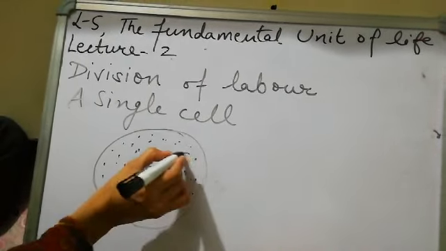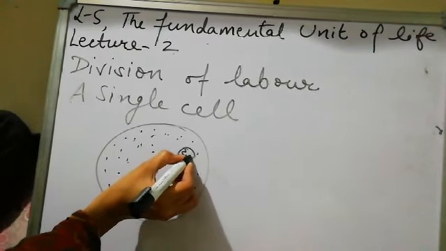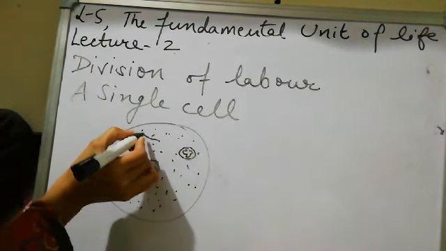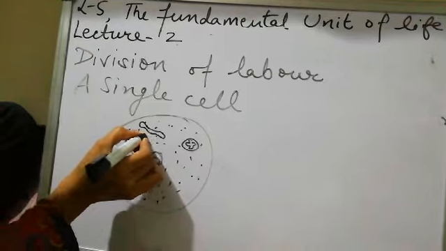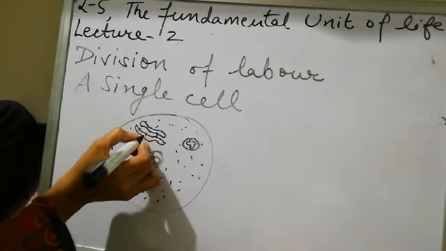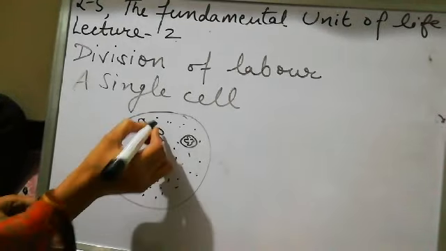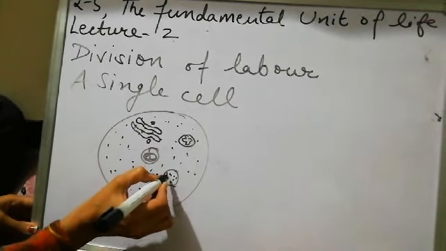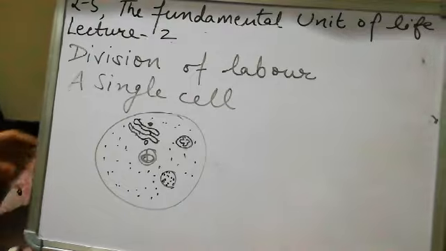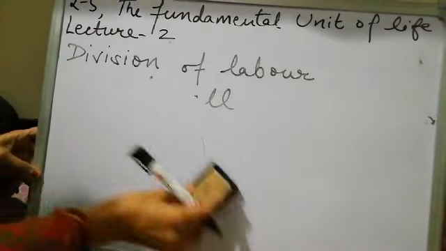Such special components are called cell organelles. It means in case of a single cell, work is divided among organelles.